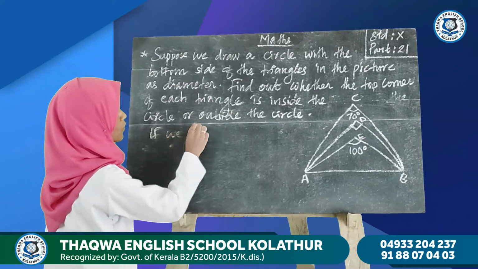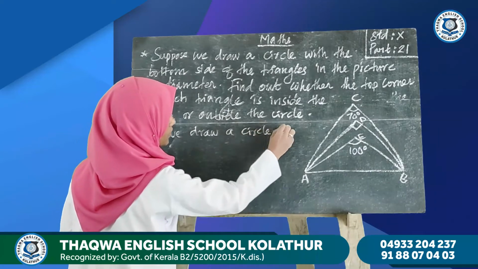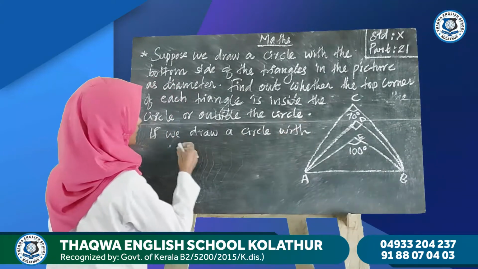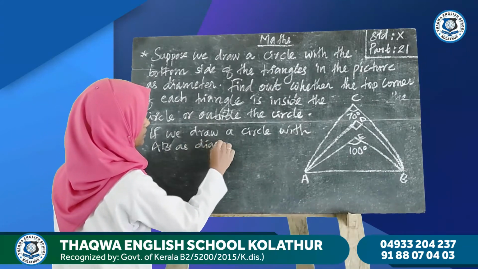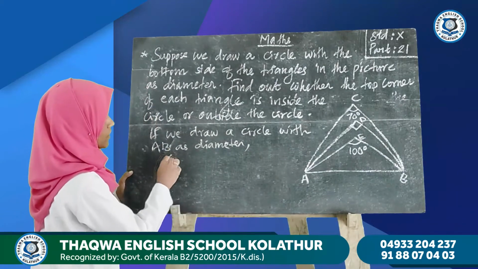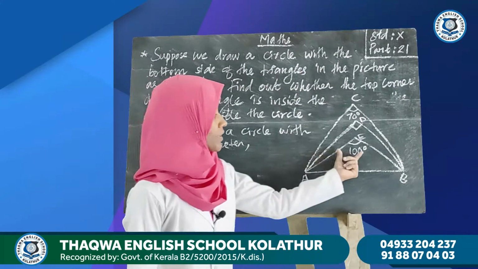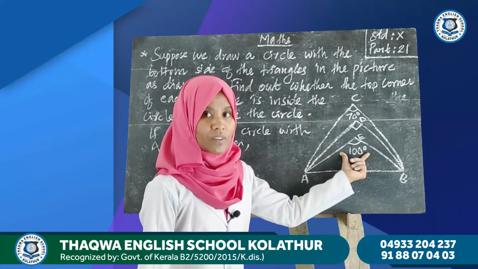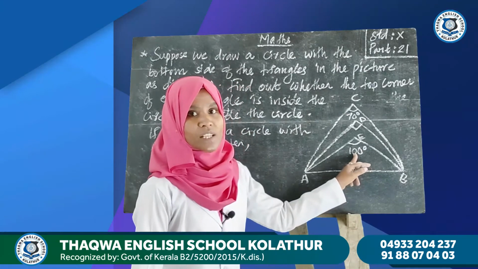If we draw a circle with AB as diameter, where is angle E? On the circle, inside, or outside?